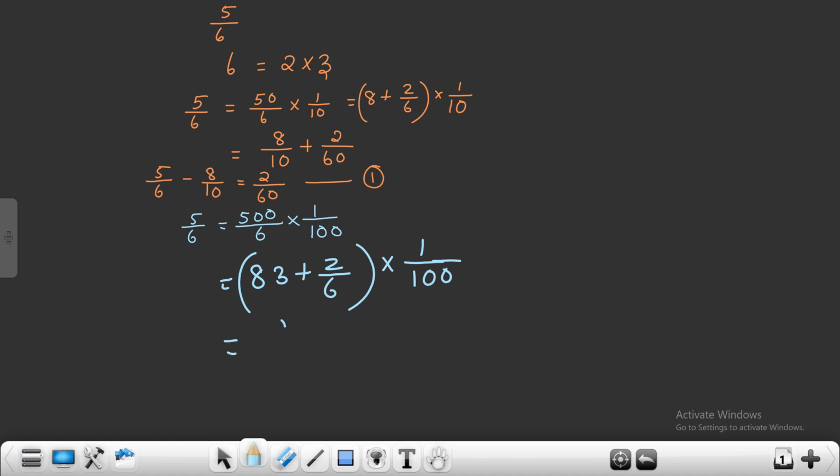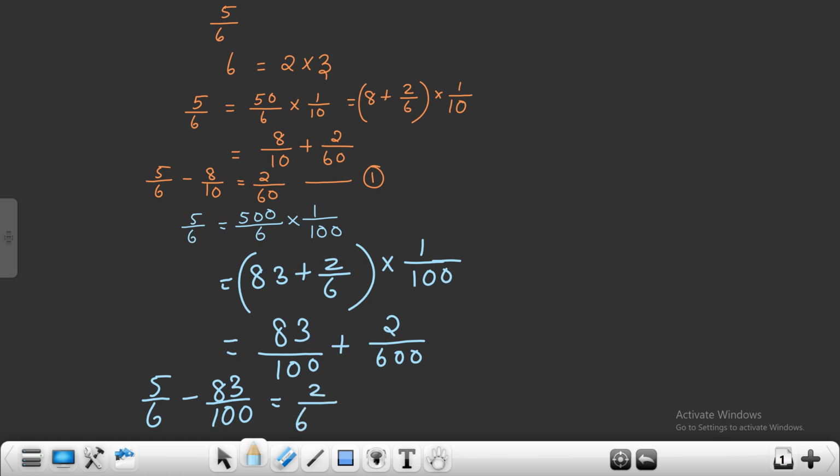Now open the bracket. 83 by 100 plus 2 by 600. Now take the fraction 83 by 100 into LHS. 5 by 6 minus 83 by 100 is equal to 2 by 600. This is the second step.